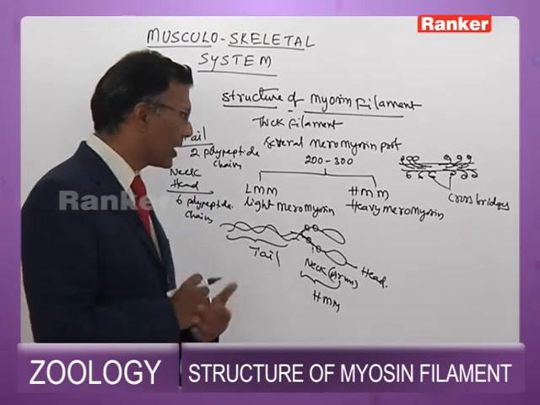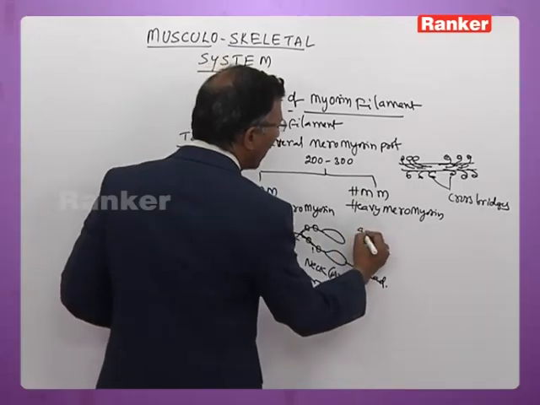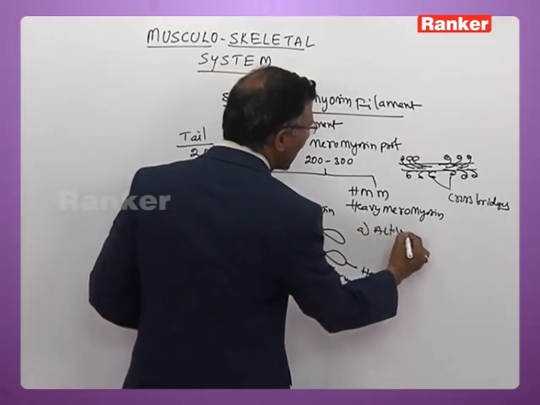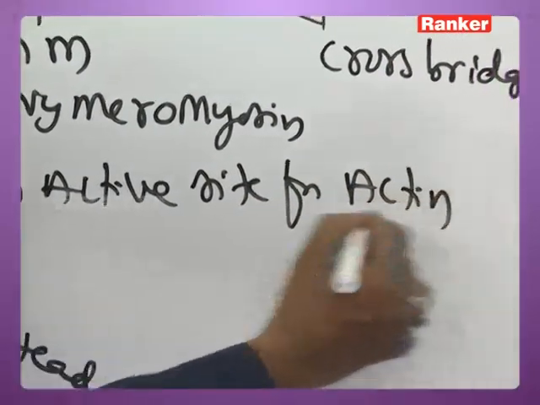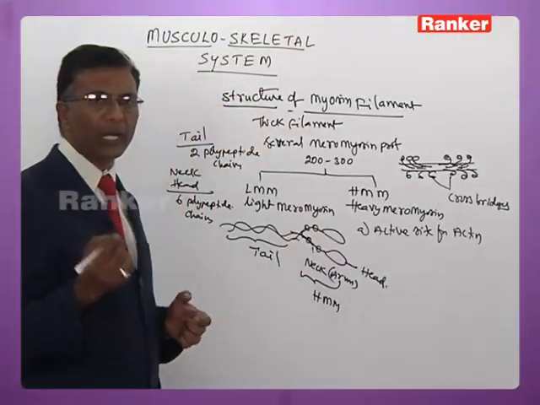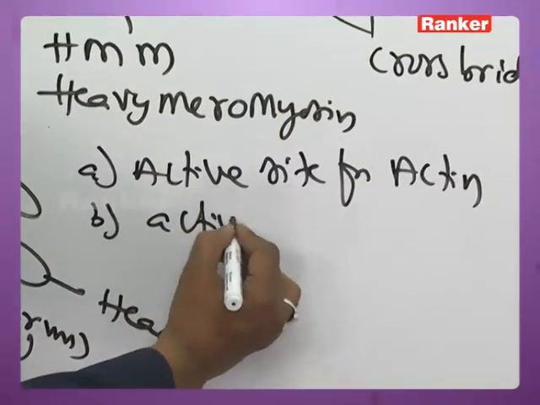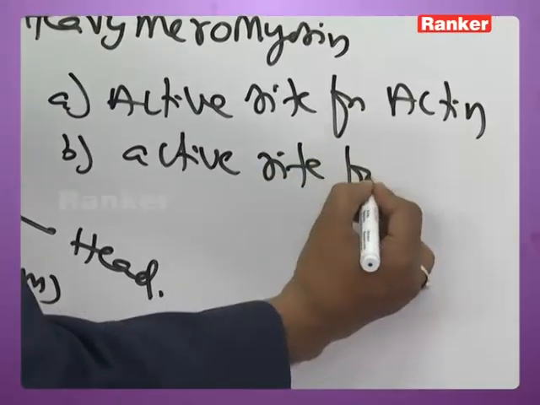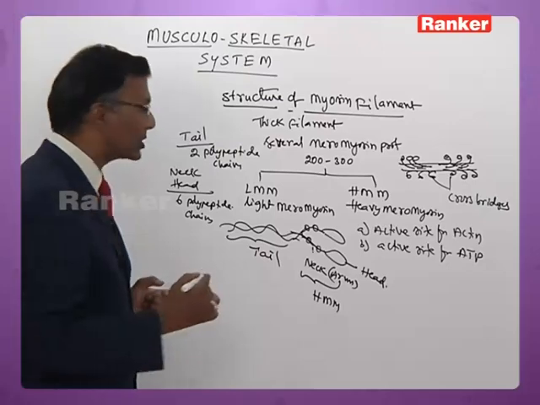Okay. Then what is the function of the head? Number 1, it has got an active site for actin, that is, it can come in contact with the actin during the contraction process. Number 2, it has got an active site for ATP, that is, it can combine with ATP during contraction.